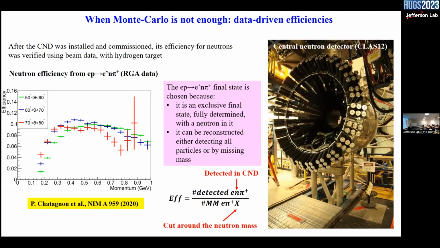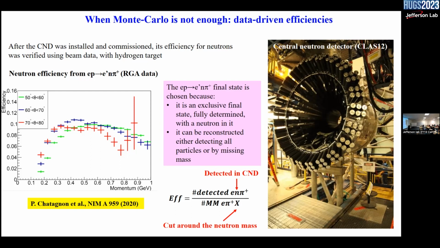One example is this famous neutron detector that comes back because I love it. The efficiency for neutrons is not so well under control in GEANT4, at least at the time.